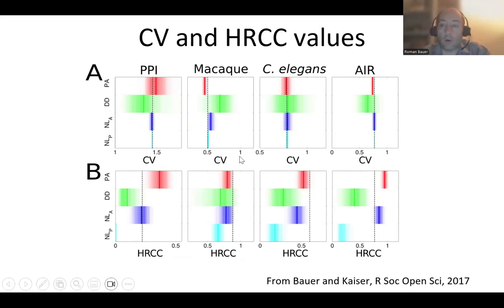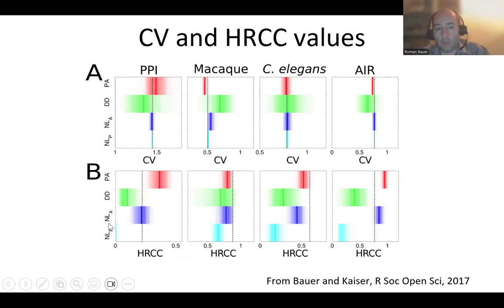And we then optimized those three models in order to get as close as possible to the real world features. And we had the same number of parameters for each model.